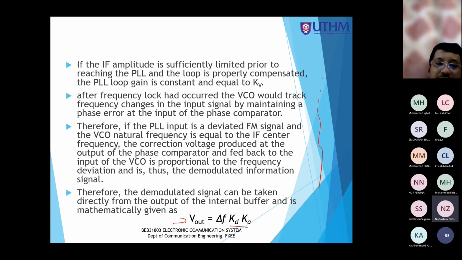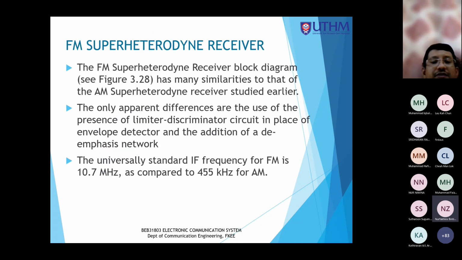Then the superheterodyne receiver. So let's look into this superheterodyne receiver. FM also has a superheterodyne receiver, which has a universal standard for intermediate center frequency at 10.7 megahertz and also 455 kilohertz.